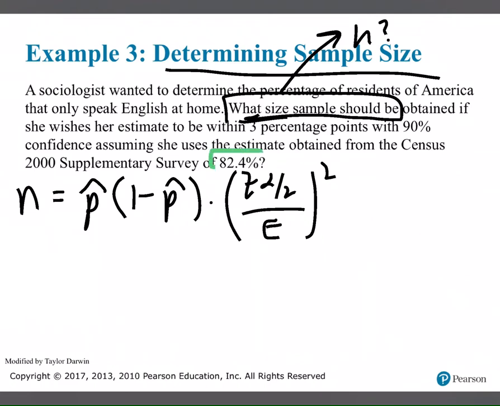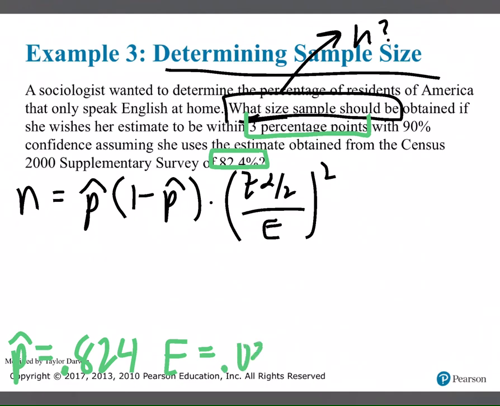And I'm given that 82.4. 82.4 as a decimal is 0.824. My e, anytime it says within something, that's going to be your margin of error, that give or take. So within 3 percentage points, it's going to be your error. And it's basically saying 3%. So 3% as a decimal is 0.03.